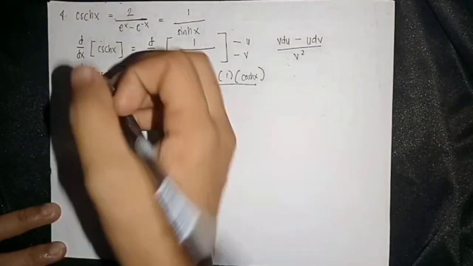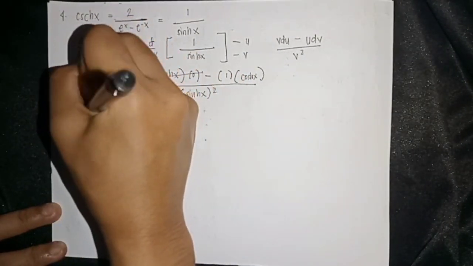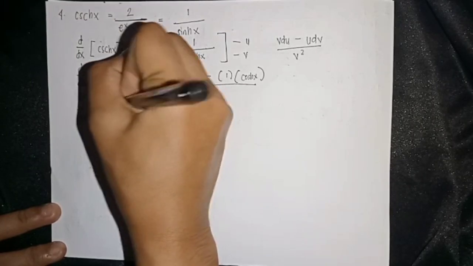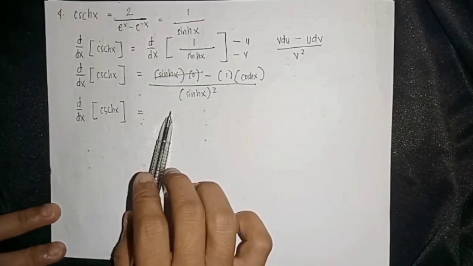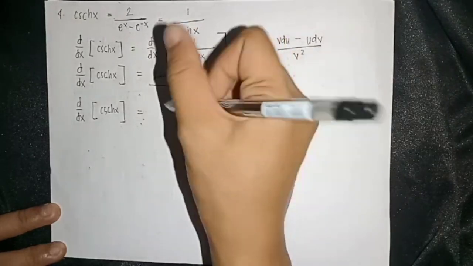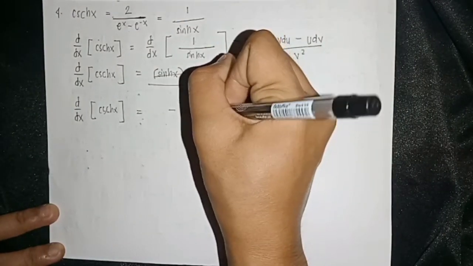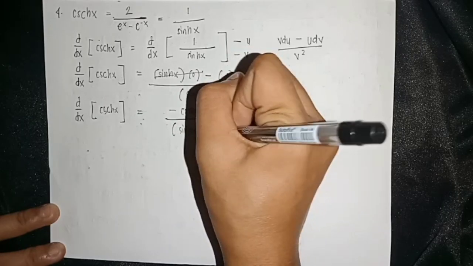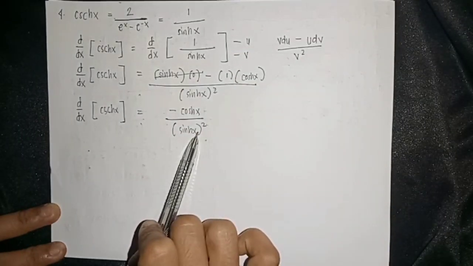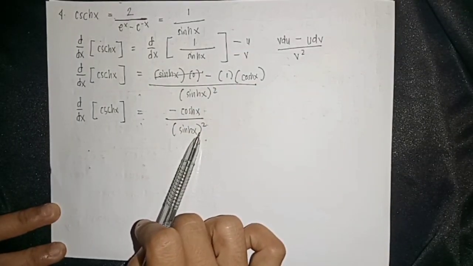So, cancel the hyperbolic sine x times 0. So, we will only have the negative cosh x, or hyperbolic cosecant x, all over the hyperbolic sine x squared.